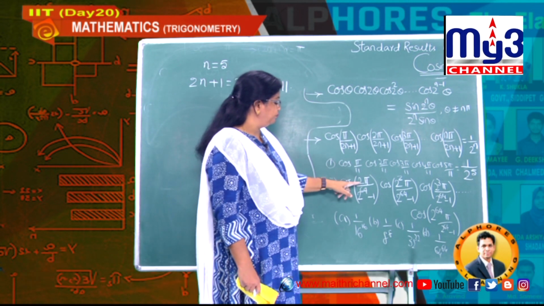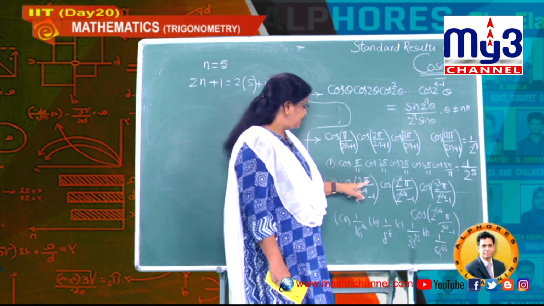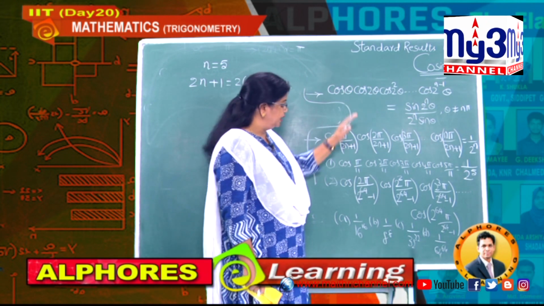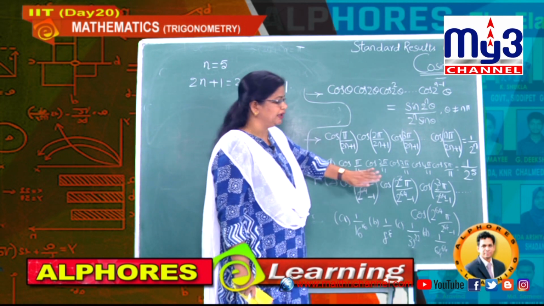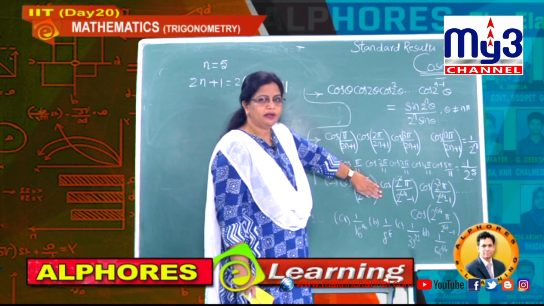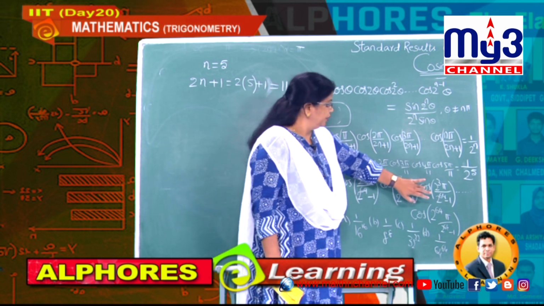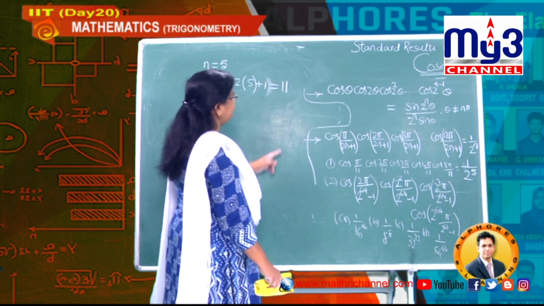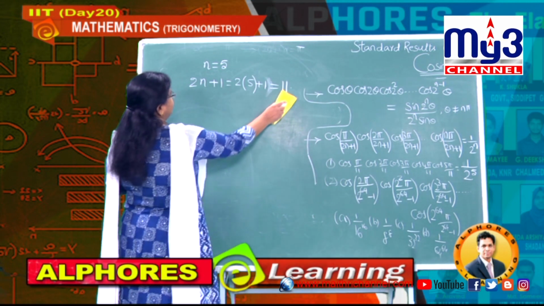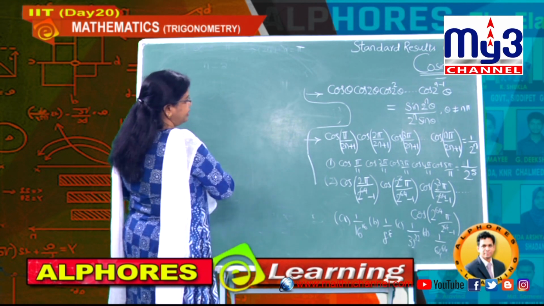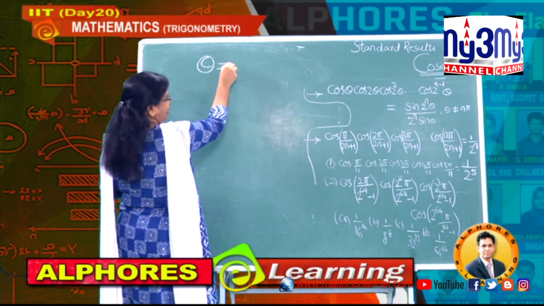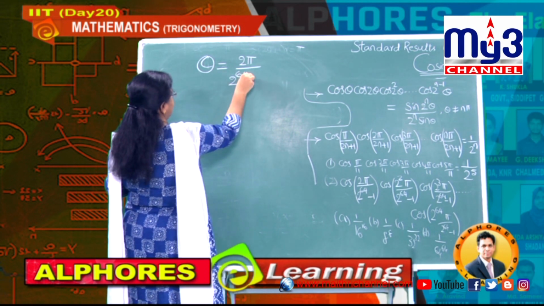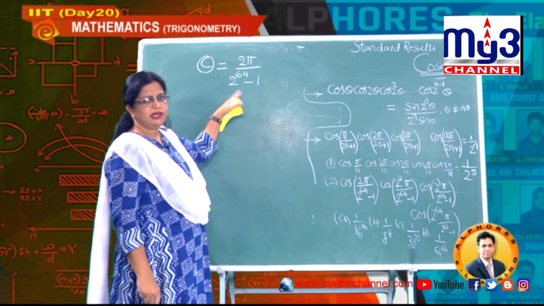So now this is cos theta, cos, because here total 2 I am taking, don't take here from here onwards. Let us take the entire value as theta, okay. So this is cos theta, cos 2 into theta, cos 2 square into theta, etc. This is the value. So let us simplify by making use of the first one. So what we are taking, students? It is theta, I am taking as how much here? 2 pi divided by how much? 2 to the power of 64 minus 1, right? This is our theta.